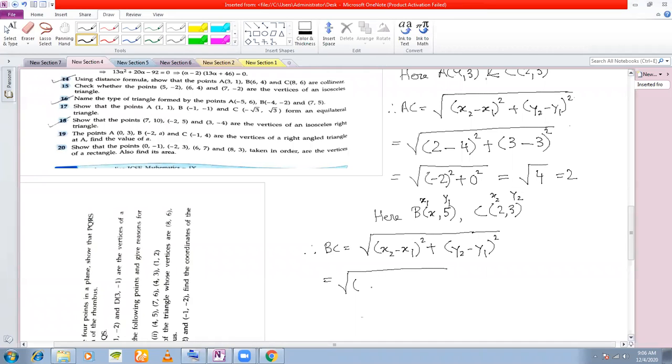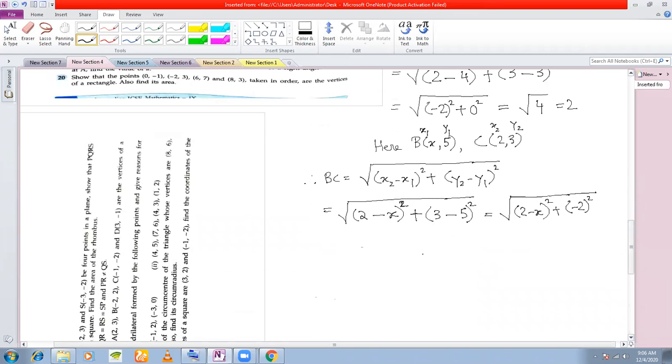Okay, so put these values: x2 minus x1 square plus y2 minus y1 square. This is root over of 2 minus x whole square plus minus 2 square, which is root over of 2 minus x whole square plus 4.